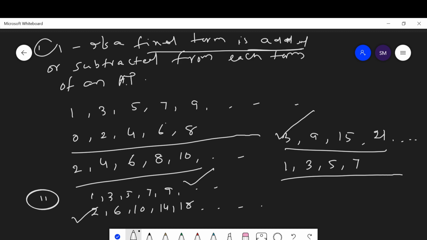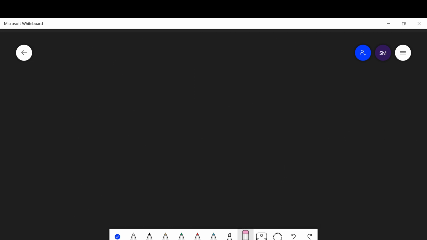What is a geometric progression? You already know what an arithmetic progression is, but at a higher level, IIT foundation level, we will discuss geometric progressions. GP, geometric progression, is the series in which the ratio of each term to the preceding term is constant.